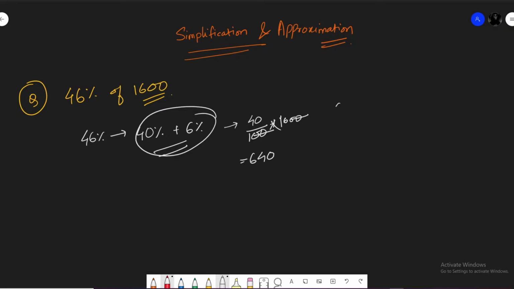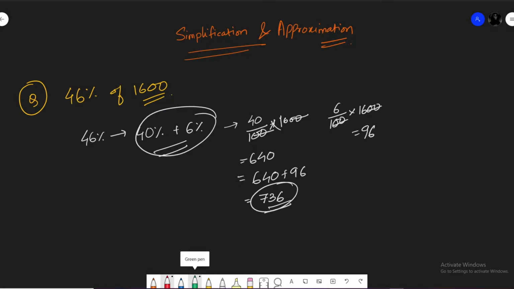We know 16 into 4 equals 64, so 640. And what is 6% of 1600? 16 into 6 equals 96. So now if we add 640 plus 96, we get 736. So it is a much faster process than doing the other.